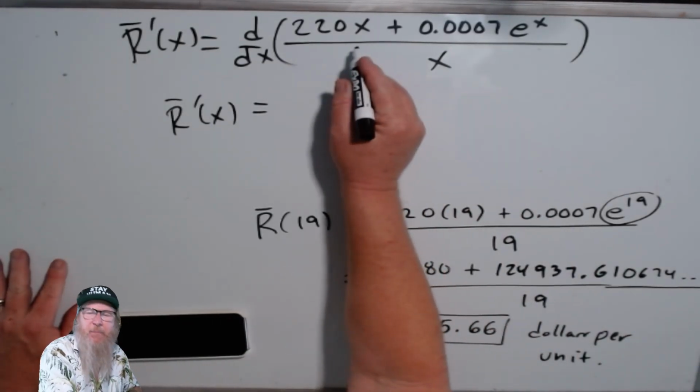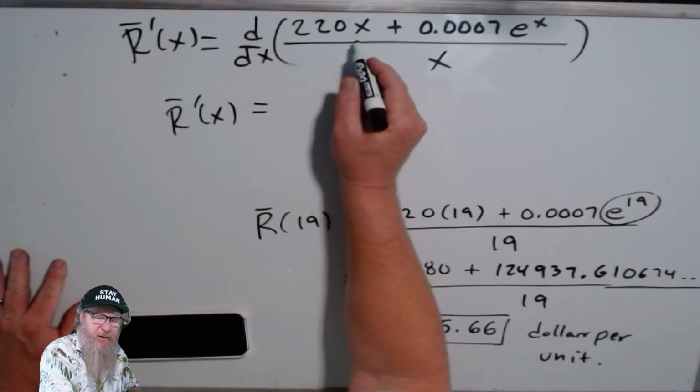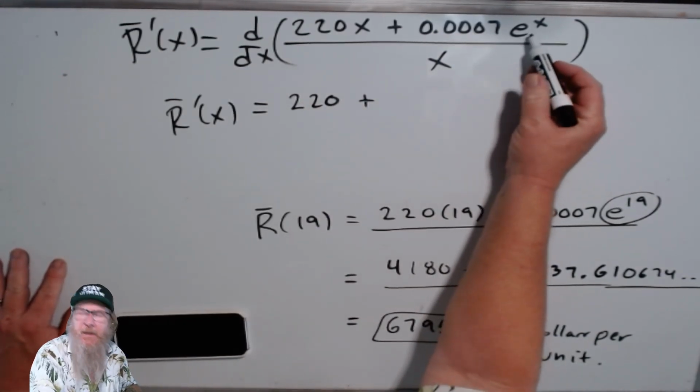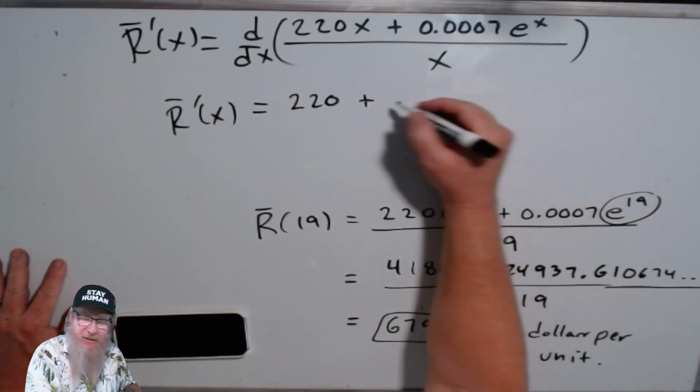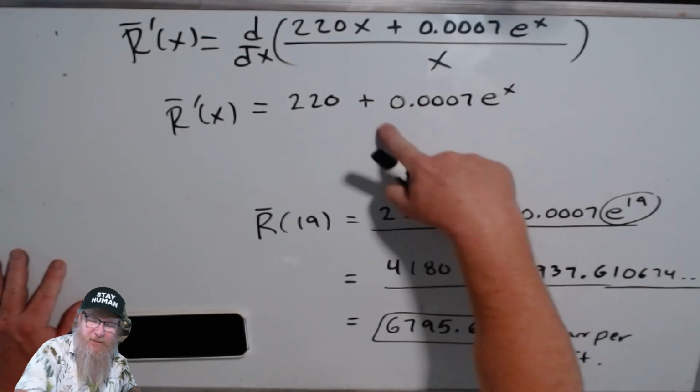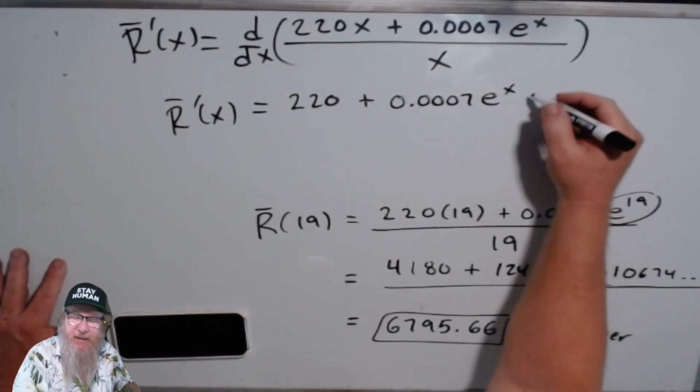Now this is a little more complicated now. So derivative of 220x is 220. Remember, the derivative of e is just e, so that's just going to stay the same. The constant comes out, and then the derivative is e.